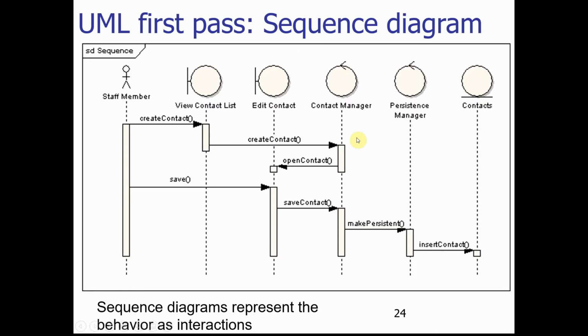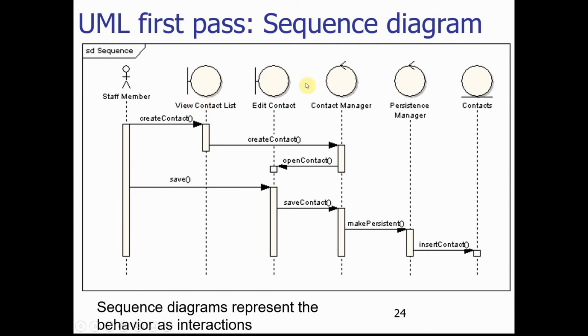Okay, sequence diagram represents the behavior as interaction. It shows the interaction between the objects. So here each message is a function call. Like the create contact. Create contact is one of the methods in the view contact list object.